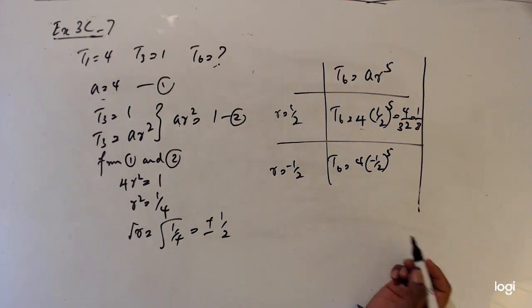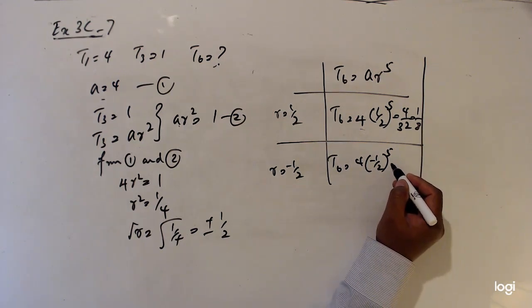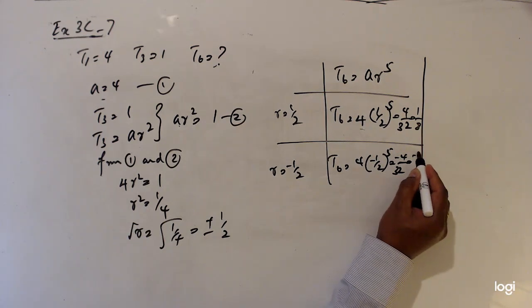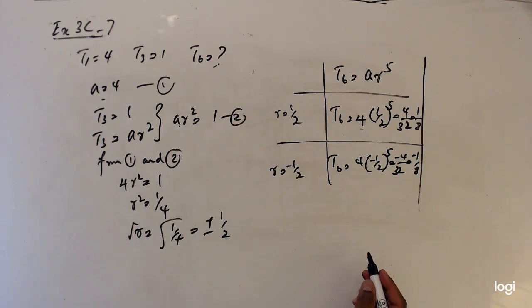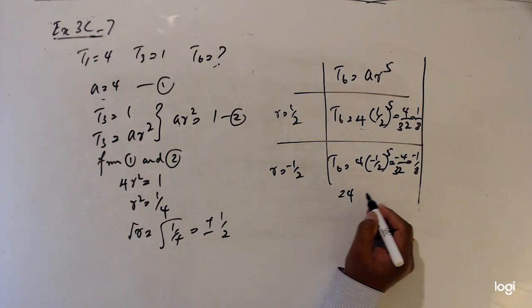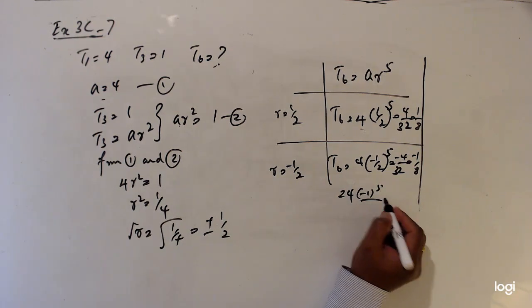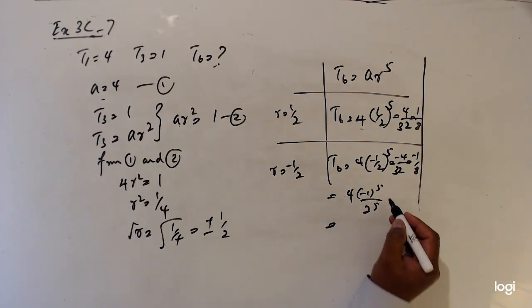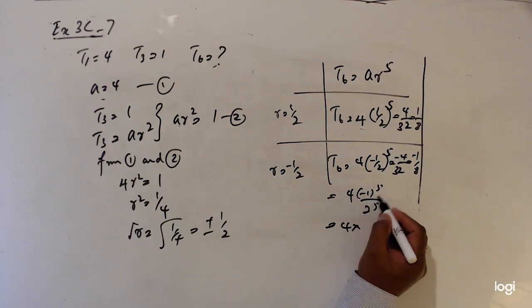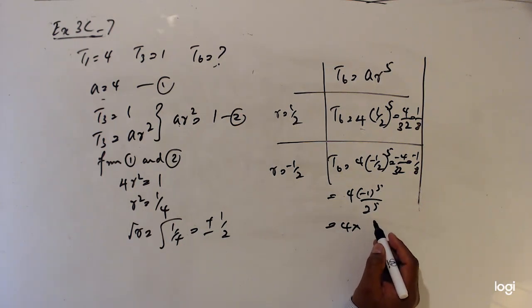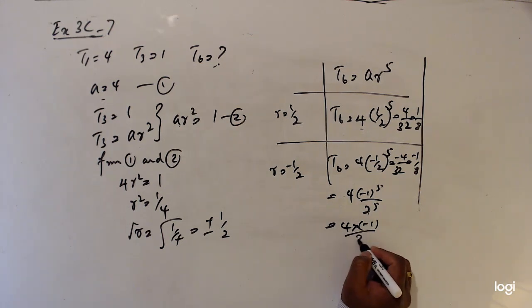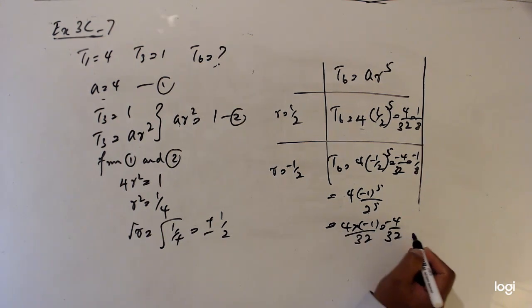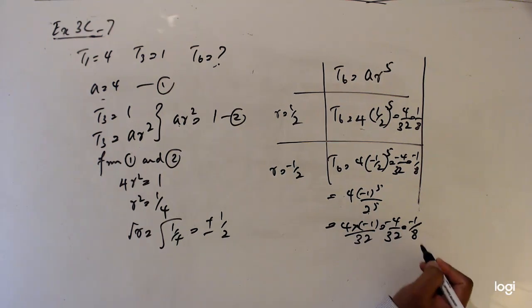When you multiply, you can look at it: minus 4 over 32, which is minus 1 over 8. If I calculate this a bit more: 4 times (minus 1)^5 over 2^5. This is going to be a negative value, negative 1 times 2^5 is 32. So negative 4 over 32, minus 1 over 8.